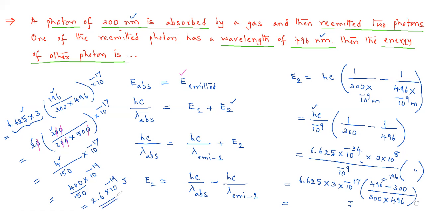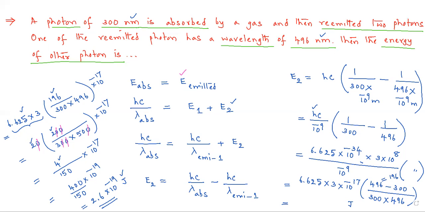Let me just check with the answer given. Okay, let me tell you that the answer given is 2.625 into 10 power minus 19 joules. Yes, we are perfectly correct, isn't it? Though we have taken it simply like 20, 200 and 500, we got the exact answer. Got it?